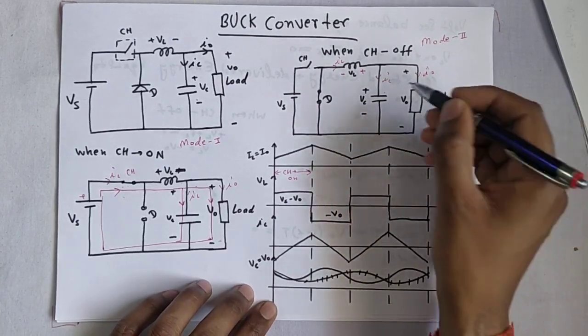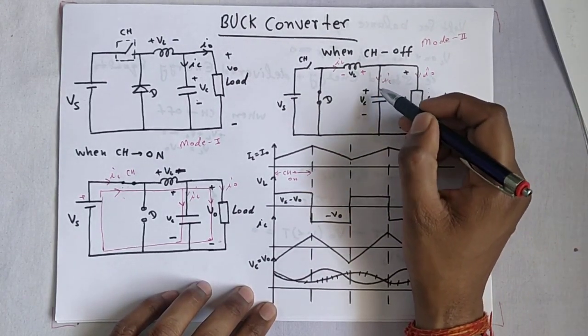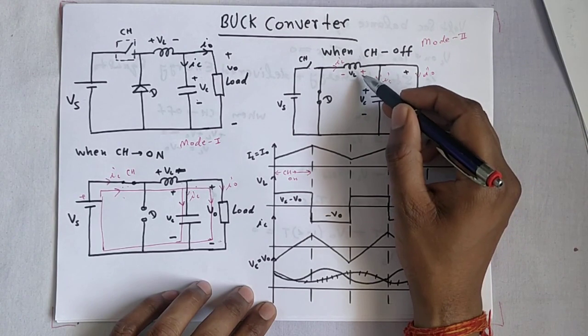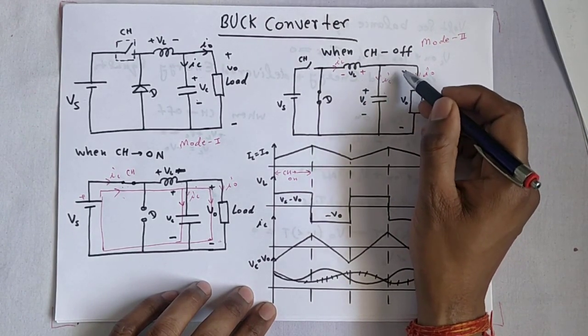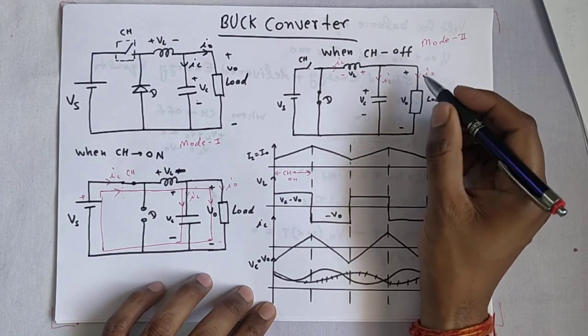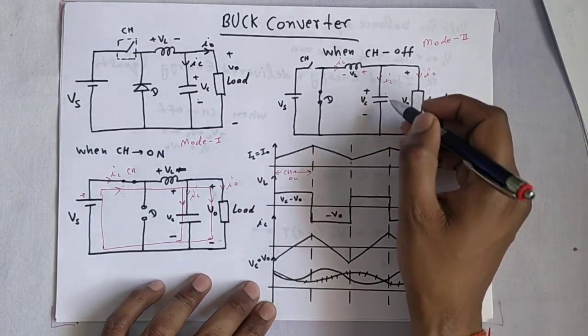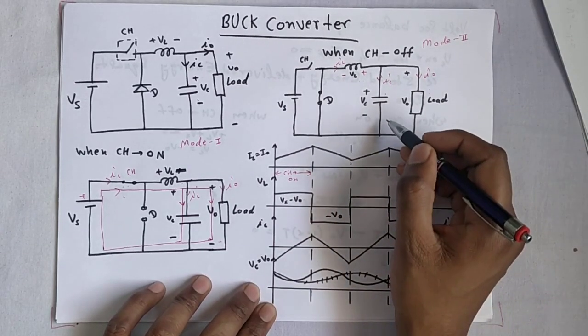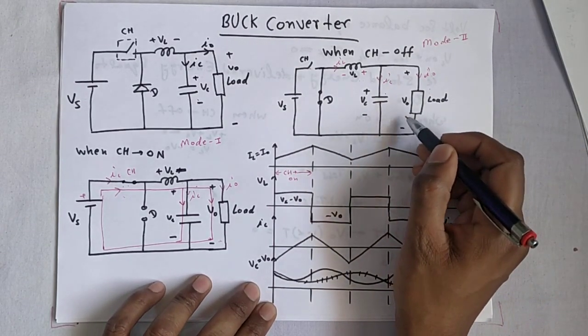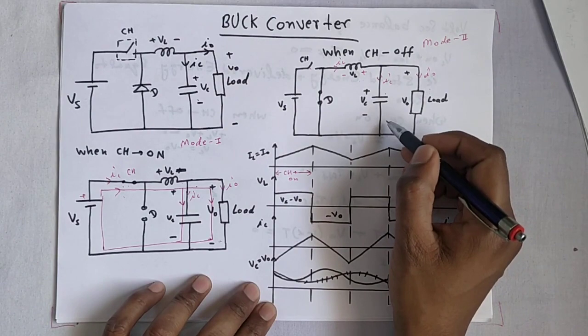Suppose the inductor has discharged and the capacitor delivers its energy to the load. So the current will decrease through the capacitor, and you can say that a capacitor is used across the load to maintain the voltage.